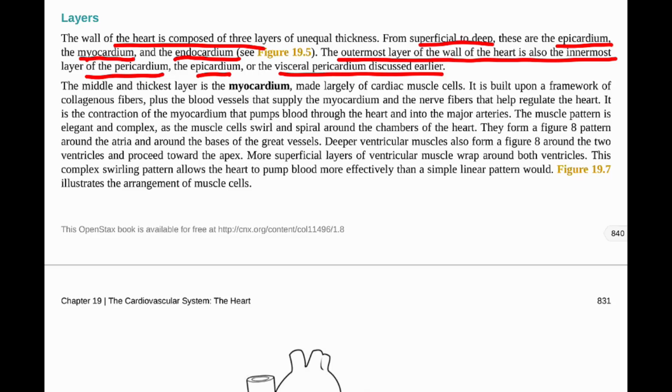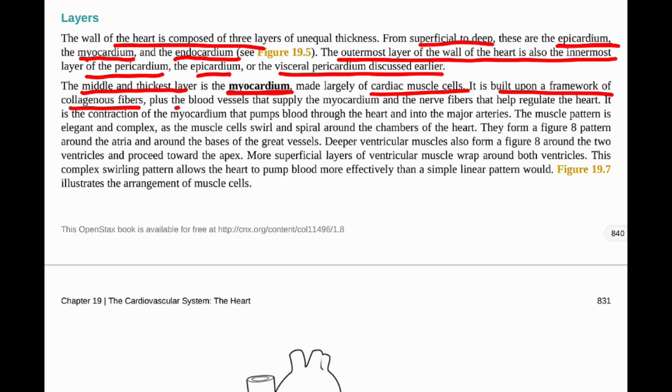So when we talk about the 3 layers of the heart itself, the outermost one is the epicardium. Then we have our middle and thickest layer, the myocardium, which is mostly made up of cardiac muscle cells. It is built upon a framework of collagenous fibers, plus it has the blood vessels that supply the myocardium and the nerve fibers that help regulate the heartbeat.